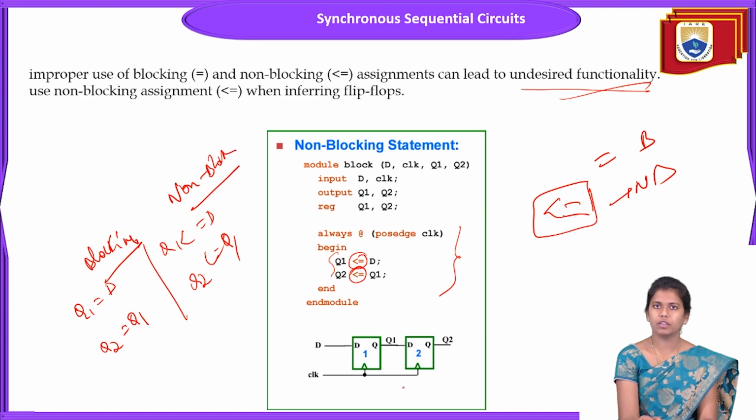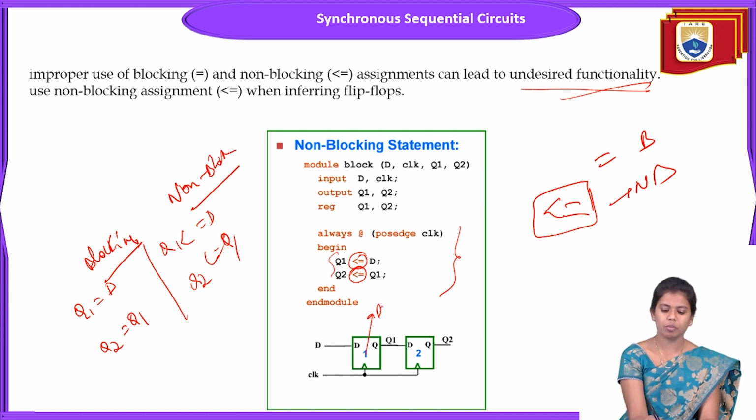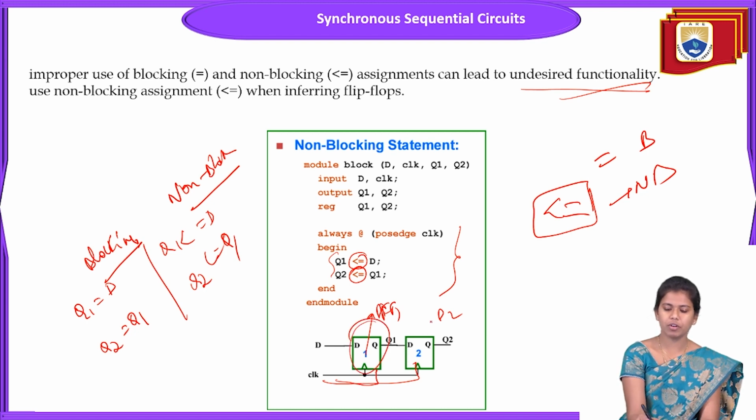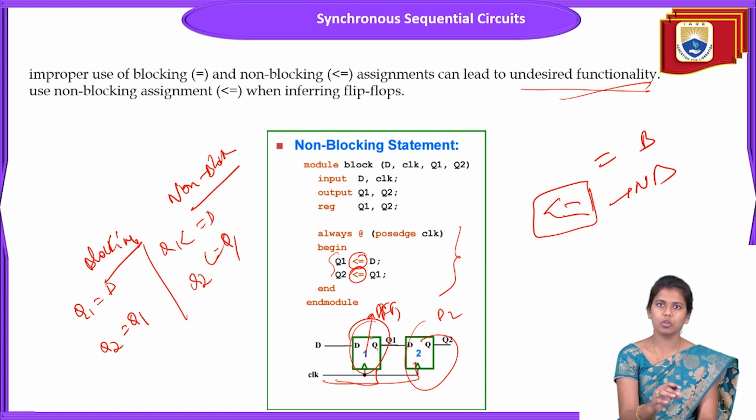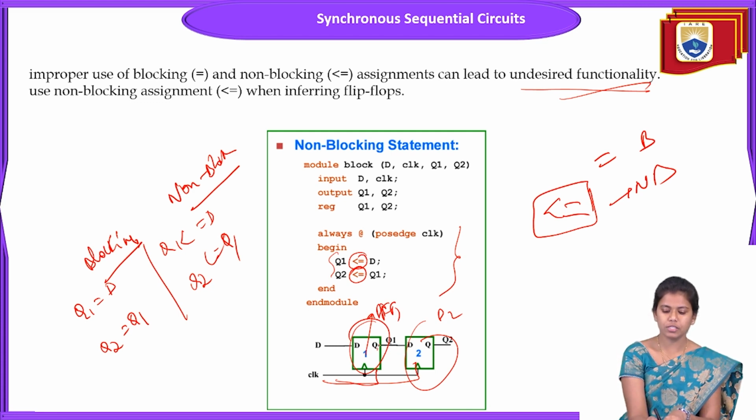And then if you observe here, same D flip-flop 1 and D flip-flop 2. So the same common clock is being given to flip-flop 1 and flip-flop 2. The input is D data and the output is Q. The same Q is given as input to the second flip-flop. So Q is the output of the first flip-flop and it can be given as input to the second flip-flop.